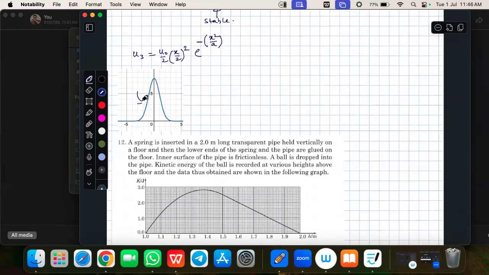This is the area where du by dx is greater than 0, so force is attractive towards the origin. Here du by dx is less than 0, so force is positive. Therefore du by dx greater than 0 means f is negative, sorry.